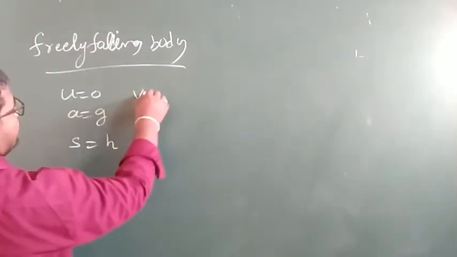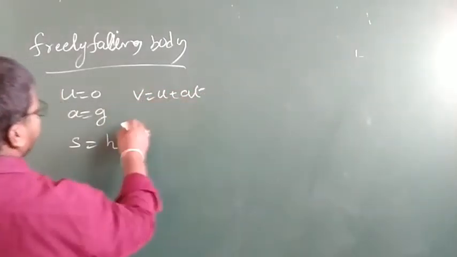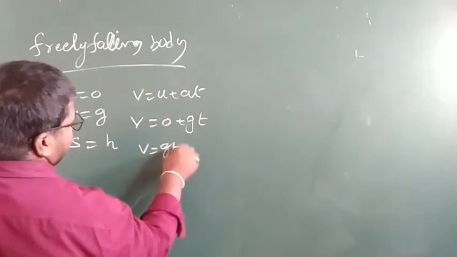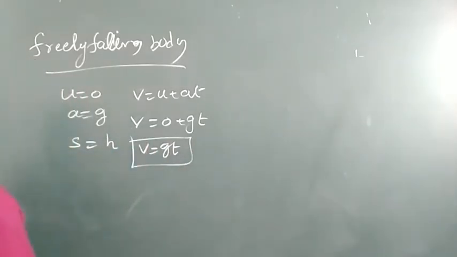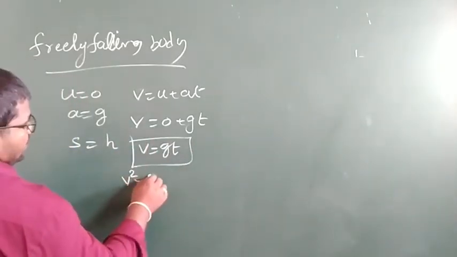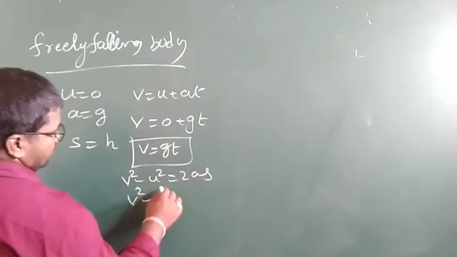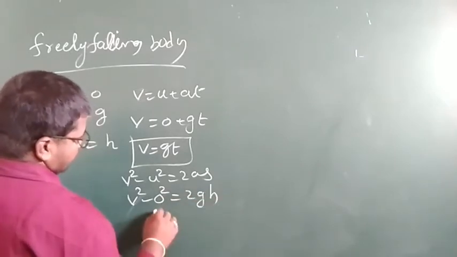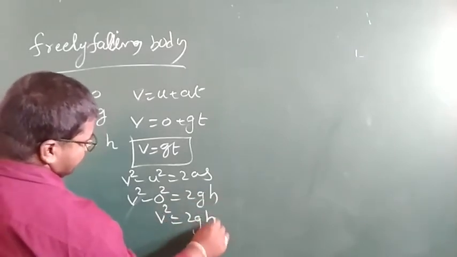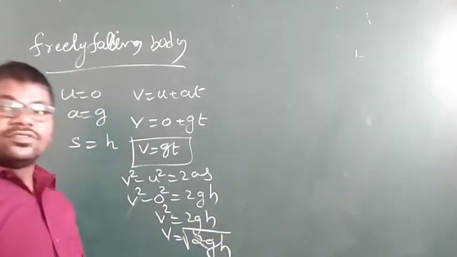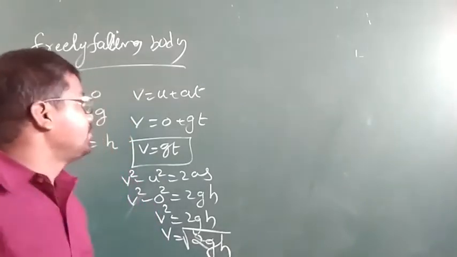If we substitute these values, we can get for a freely falling body: V is equal to U plus AT, so V is equal to 0 plus gt, V is equal to gt. Next, V square minus U square is equal to 2AS, so V square minus 0 square is equal to 2gh, V square is equal to 2gh, V is equal to root of 2gh.